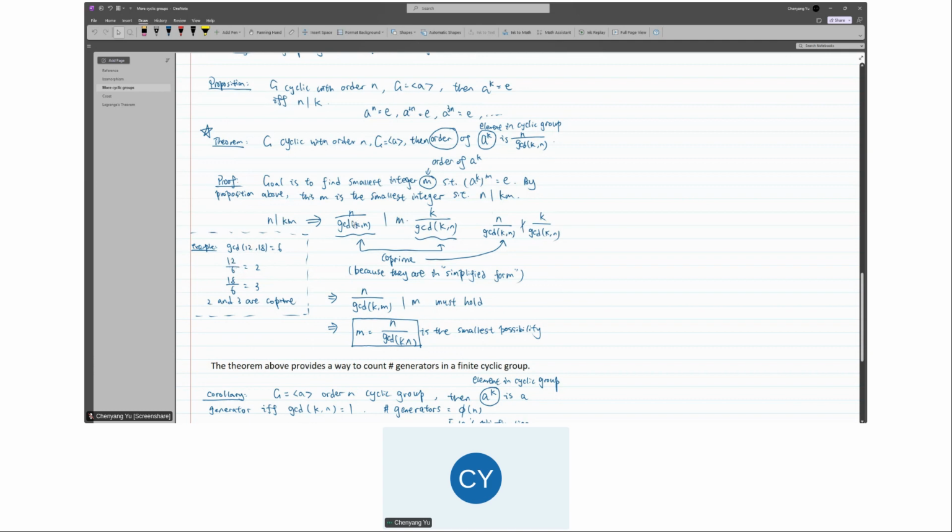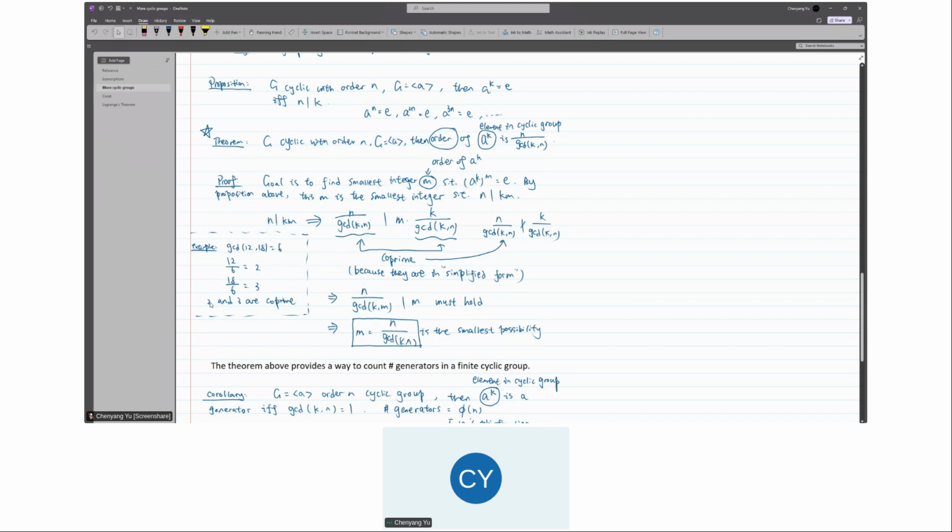I am dividing this GCD on both of them. 12 divided by 6 is 2, 18 divided by 6 is 3, and the results, 2 and 3, are co-prime. I call this being in simplified form, but this is not a formal definition. It is a concept I created to help myself understand this.